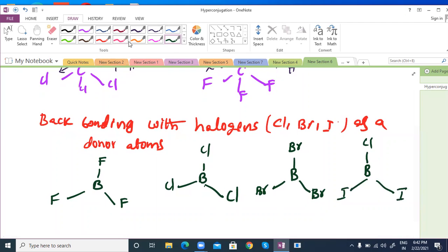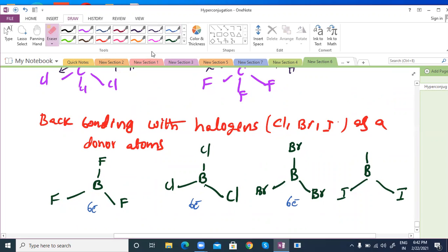Last class I mentioned that. Now, which is more Lewis acid means which one has more electron deficiency. Looking at this, all the borons have 6 electrons. The one with the most electron deficiency will be more Lewis acid, so it might be this BF3.